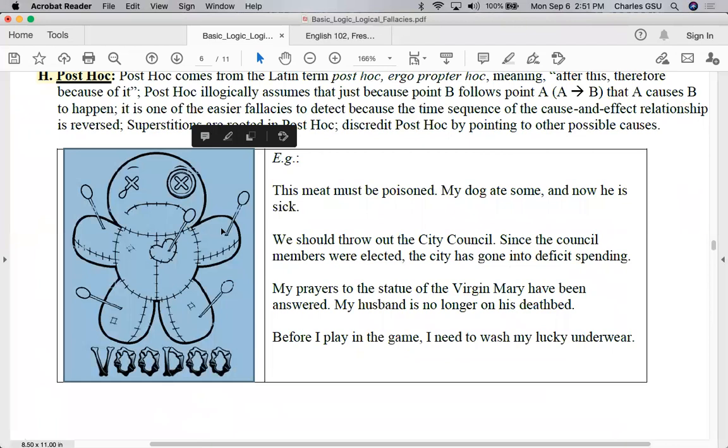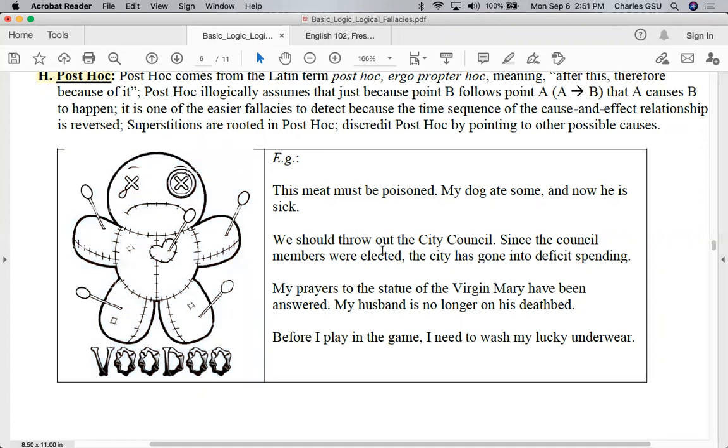I have this little image here of a voodoo doll because in many ways, superstitions are a kind of post hoc fallacy. That is to say, let's say, you could say Haiti, or you could go back to West Africa or New Orleans, where someone practices voodoo, and someone created a voodoo doll of someone else.